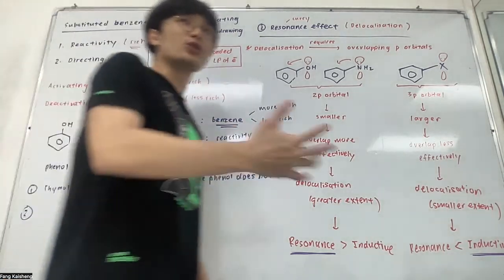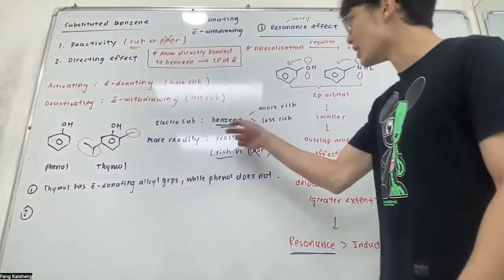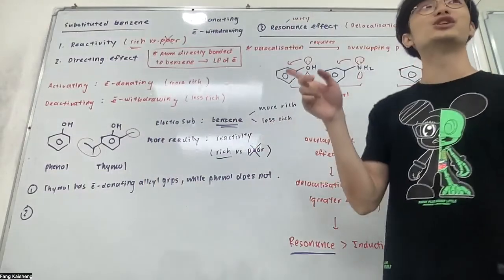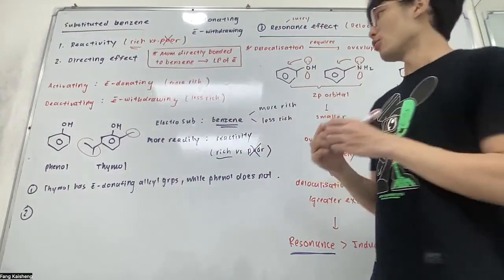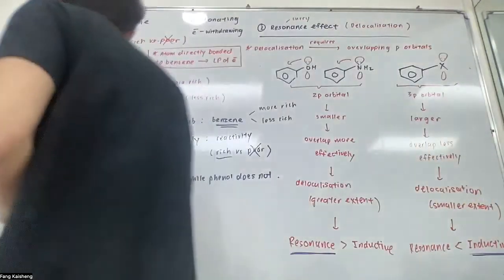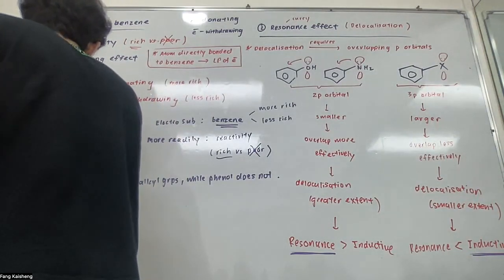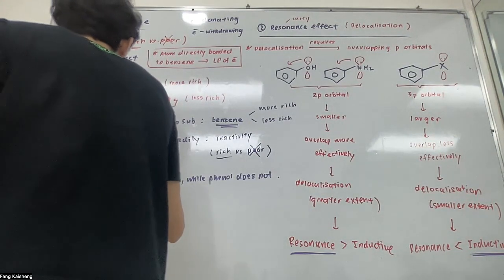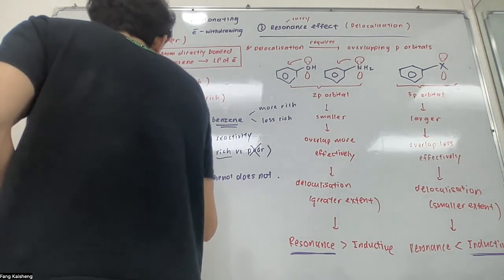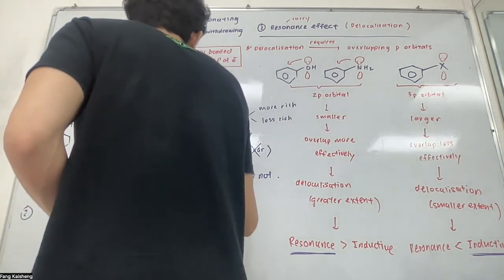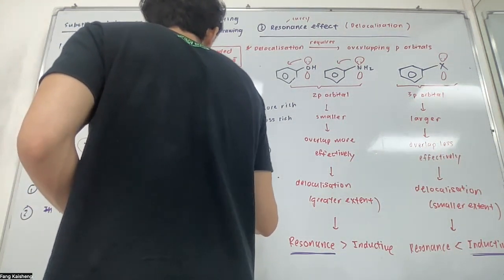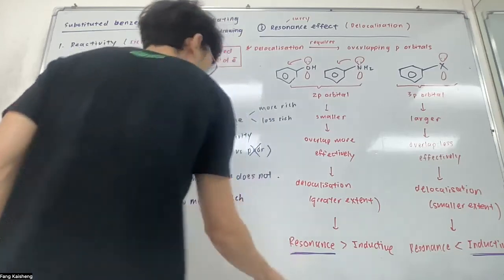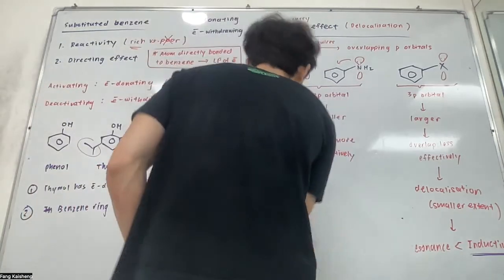Now, can you just tell me, so what? If thymol has electron donating alkyl groups, does benzene become more rich or less rich? More rich. So the benzene ring in thymol is now more electron rich. Now I have to write down an alternative way of answering this.